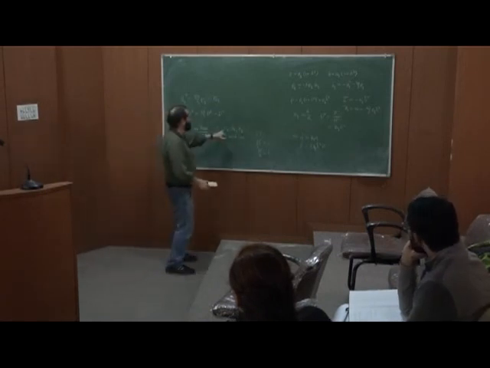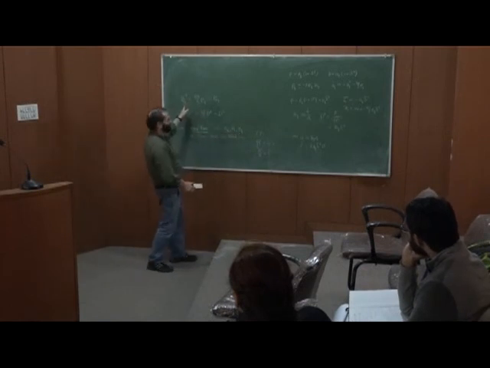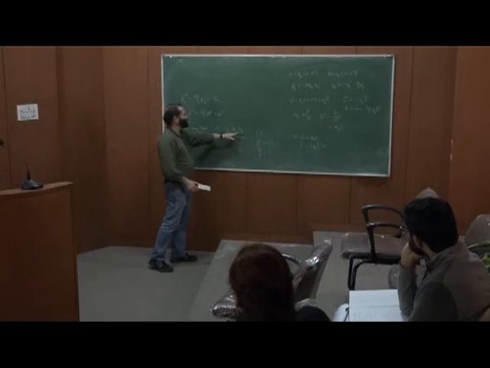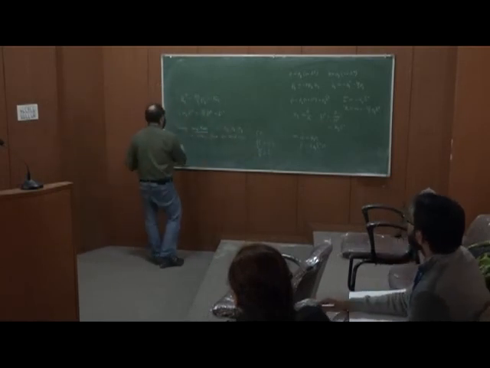If you have rho Q and KQ, you find H. If you have HQ and KQ, you find rho. And the same thing here.